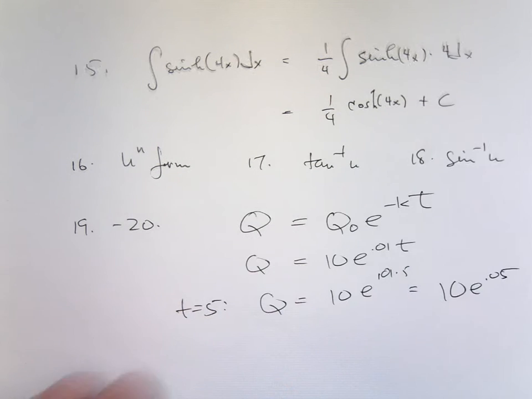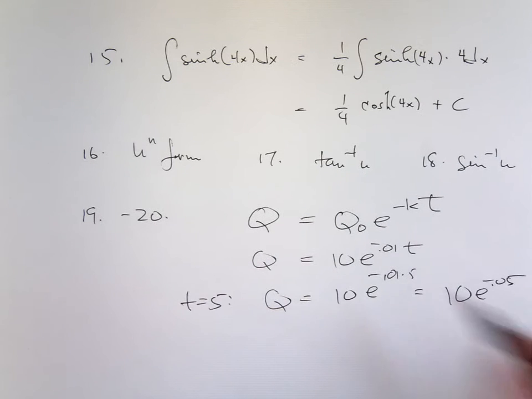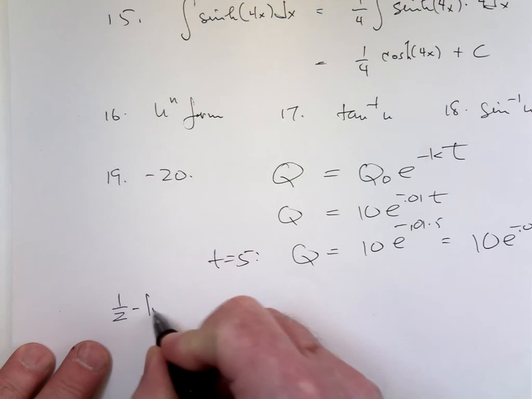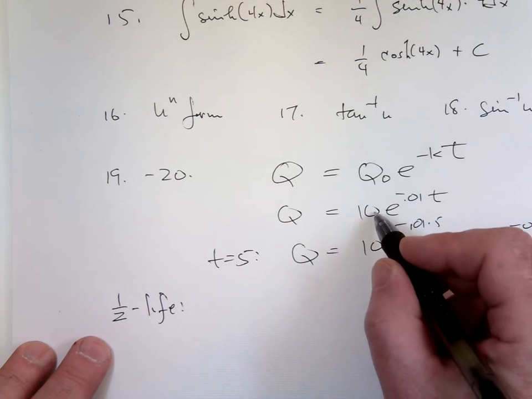Just multiply by 5. 10e to the, we'll keep this negative going through here, e to the negative 0.05. And the half-life. To find half-life, we want to know the time it takes to go from 10 to 5 grams.